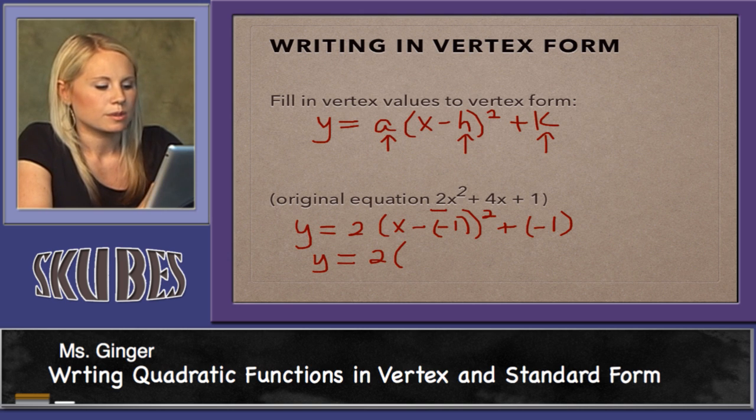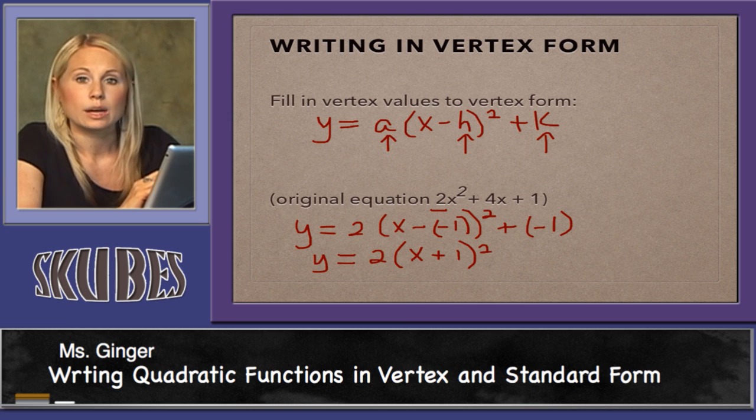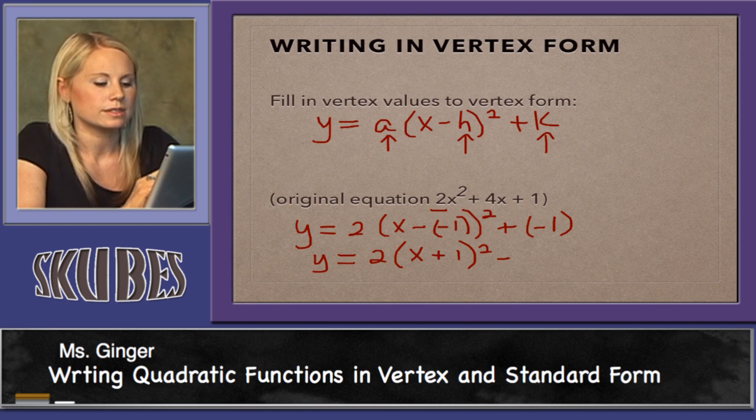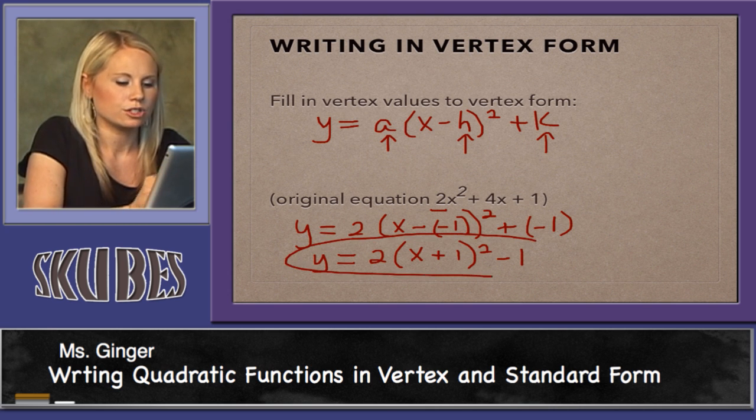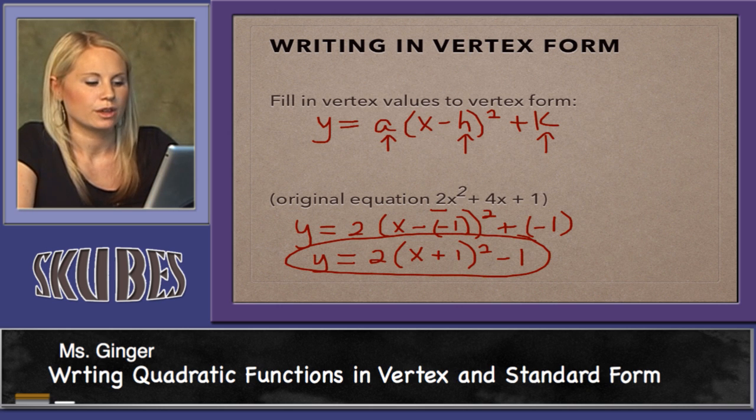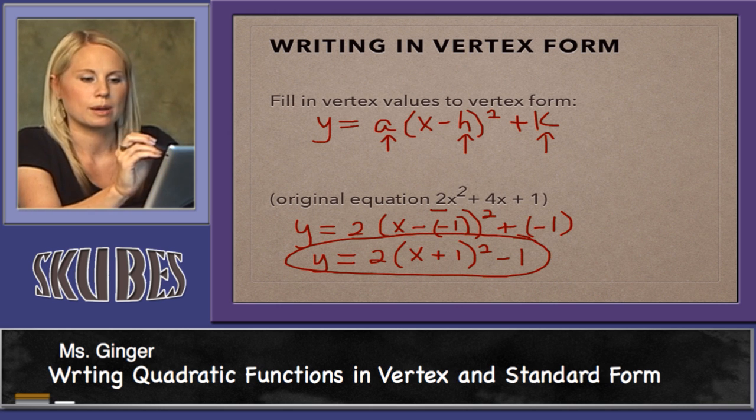So what we could do inside the parentheses here is change this to a plus 1 for these 2 negative signs. And then outside we can go ahead and write minus 1. We don't have to put plus negative 1. We can simplify that to just be minus 1. So here is our finished vertex form for this original parabola.